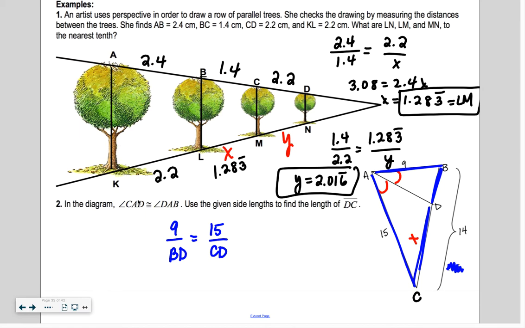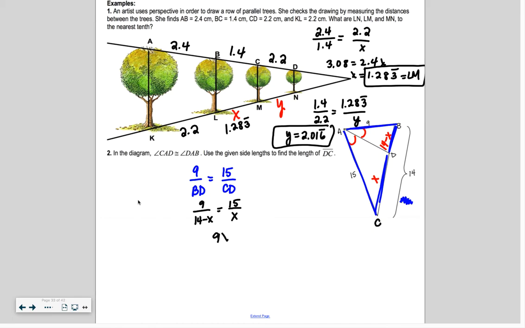So then what's BD going to be? 14 minus x. It's the rest of it, right? So we're going to set it up and say, well, we have 9 over 14 minus x equals 15 over x. And then we cross multiply and solve. Can you try it? So I get 9x equals 15 times 14 minus x.